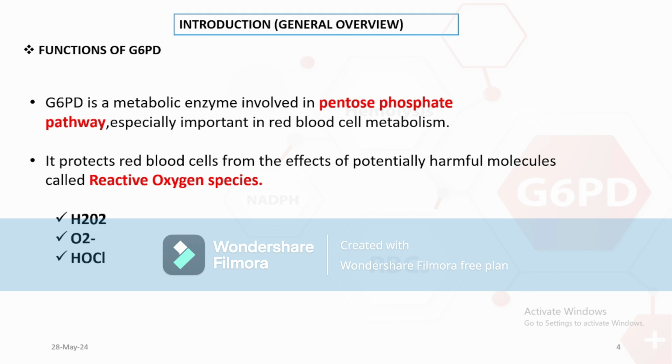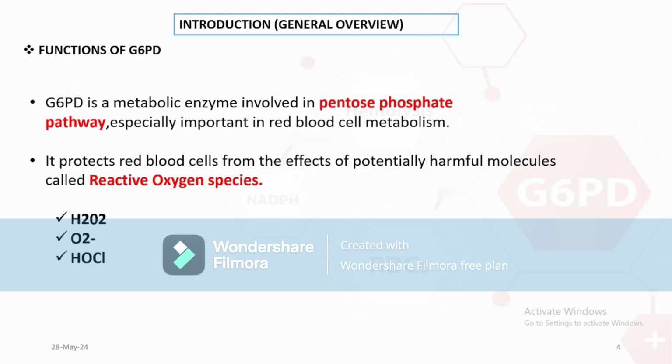And so we're saying that G6PD is a metabolic enzyme which is involved in the pentose phosphate pathway, especially important in red blood cell metabolism. The pentose phosphate pathway is one important pathway that the red blood cell uses to ensure its integrity.